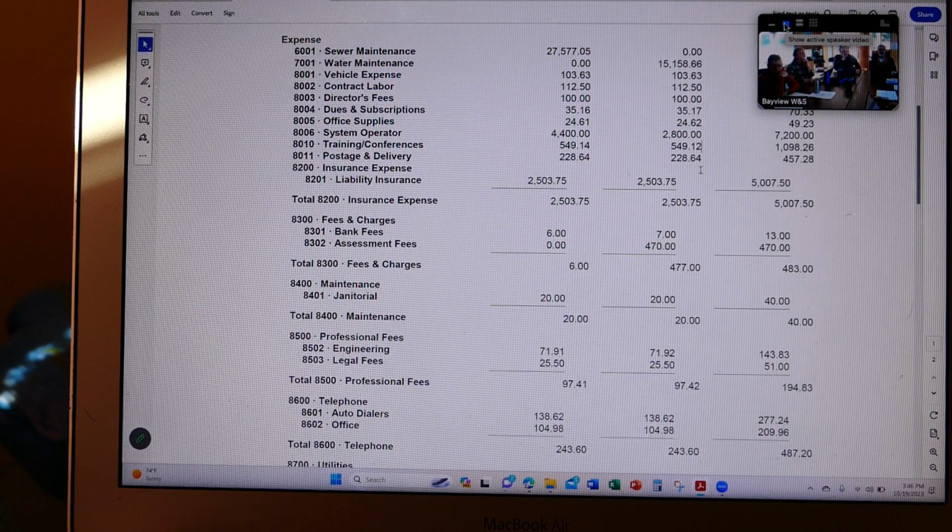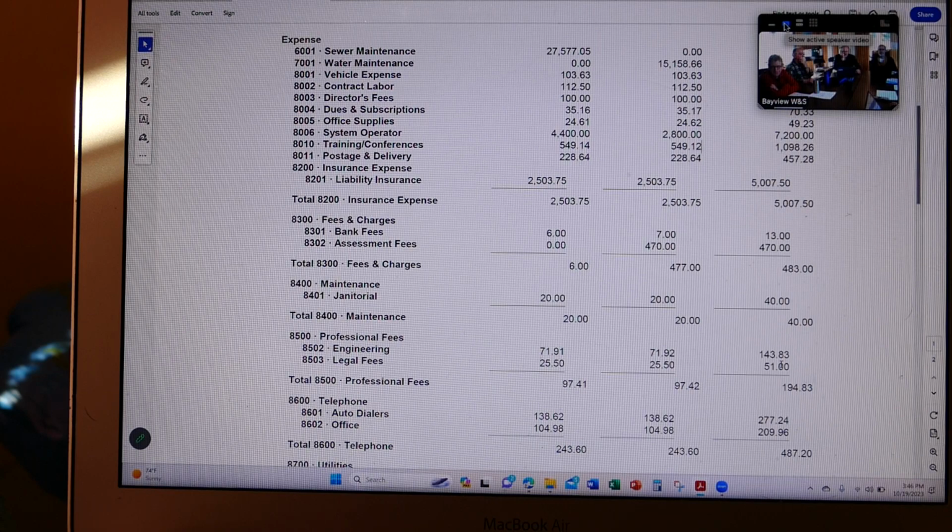Then our insurance, which we pay annually. Good, thank you. So yes, insurance annual for that, routine bank fees, assessment fees, paying the office. Let's go ahead and collect that.